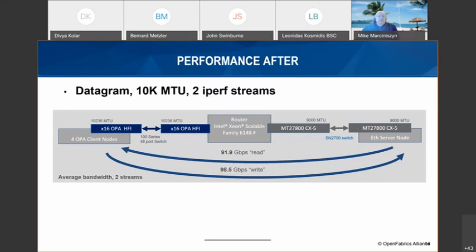So once we implemented this and we had the spreading, you can see we get within a respectable percentage of what TCP would get with other technologies. We did 2 streams to get it.